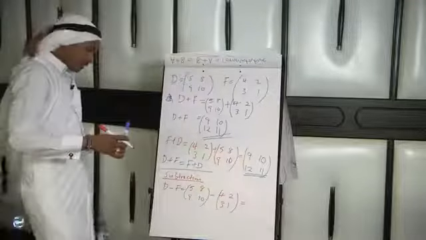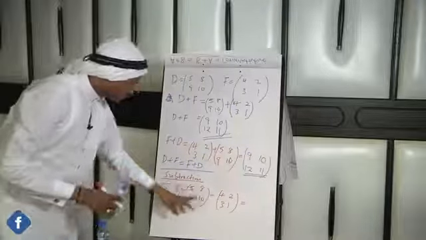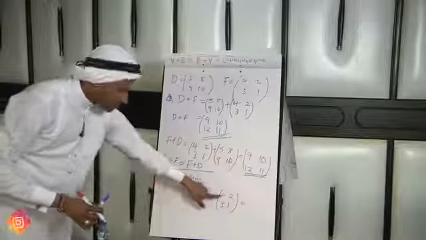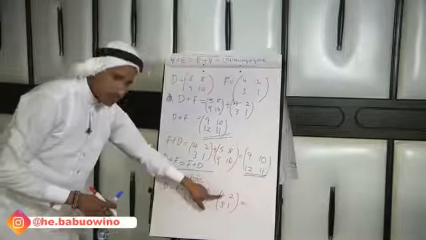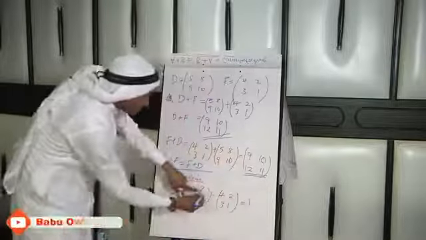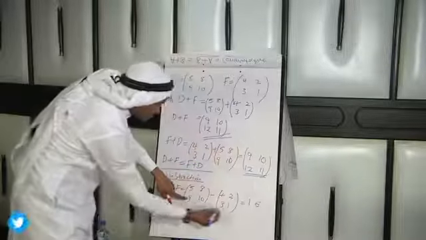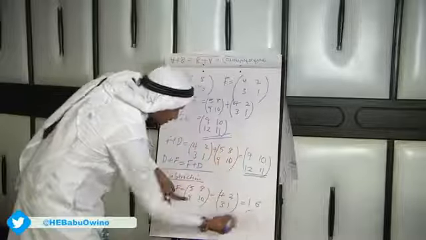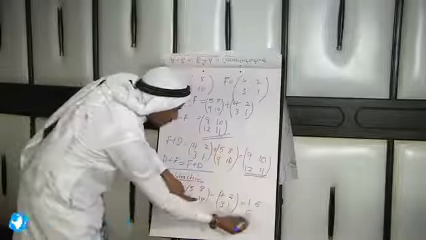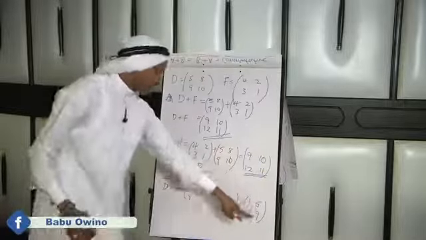So D minus F: you subtract the first, 5 minus 4, you get 1. Then 8 minus 2, you get 6. Minus 3, you get 6. 10 minus 1, you get 9. So we have 1, 6, 6, 9.